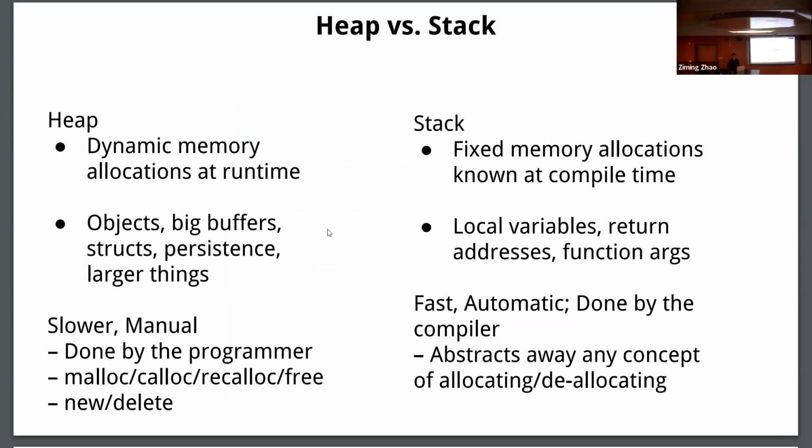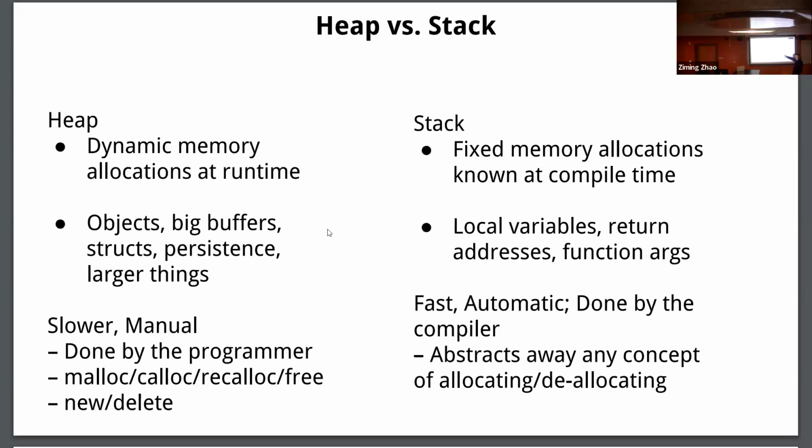So if we compare heap with stack, then we can say the stack memory is fixed memory allocation, decided at compile time. The compiler already emits those subtract RSP number instructions there. So stack is used to store local variables, return addresses, function arguments.